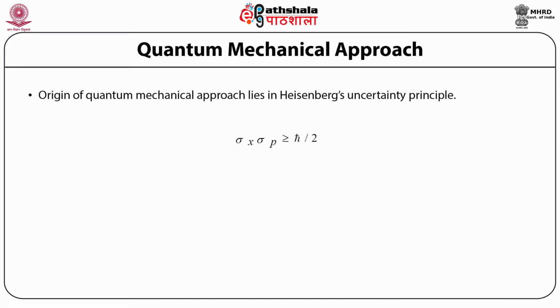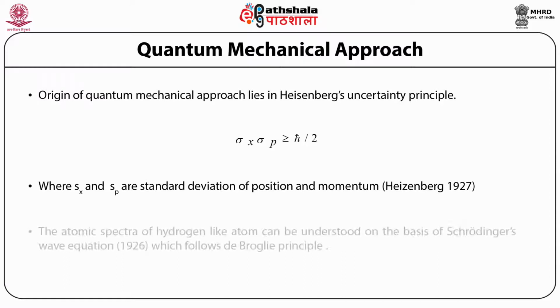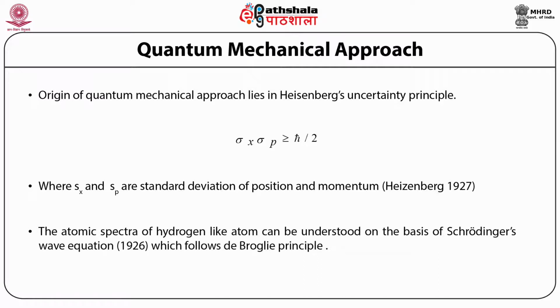The origin of the quantum mechanical approach lies in Heisenberg's uncertainty principle. Sigma x into sigma p should always be greater than h cross by 2, where sigma x and sigma p are the standard deviations in position and momentum. The atomic spectra of hydrogen-like atoms, however, can be understood on the basis of the Schrödinger equation, which follows the de Broglie principle.